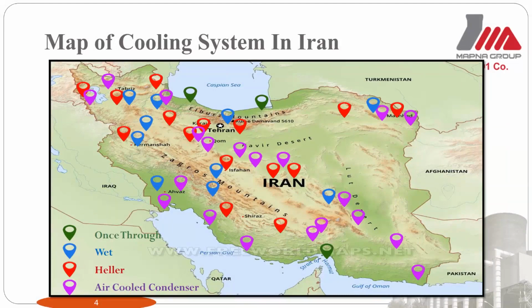And the red signs are about Heller cooling systems, which were popular for decades in Iran, and MAPNA played an active role in this field. And finally, the purple signs indicate air-cooled condensers, all of which have been made by MAPNA Group, except 3 of them. All these cooling systems together contain more than 50.